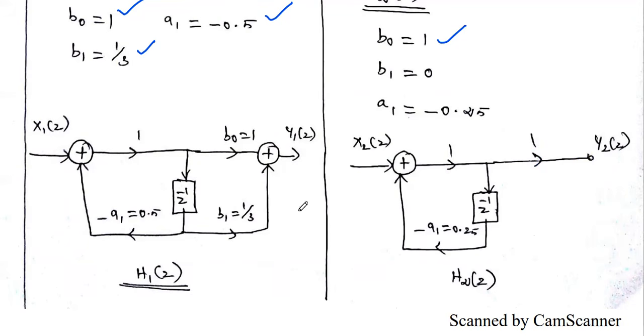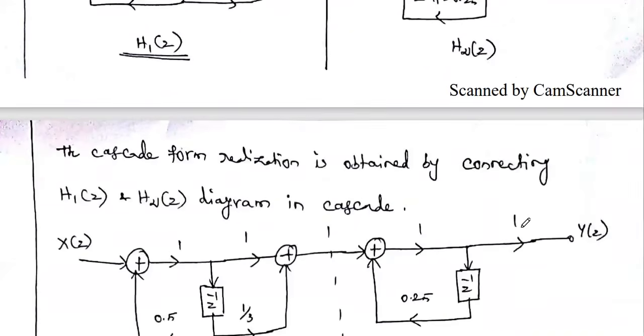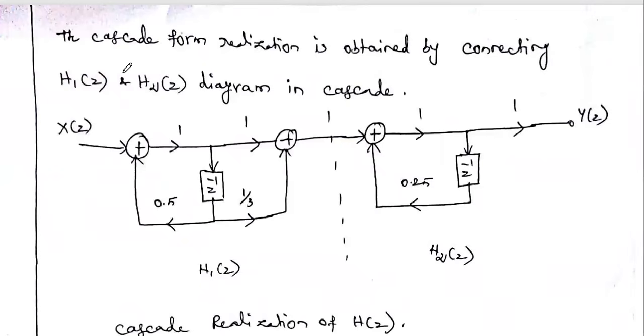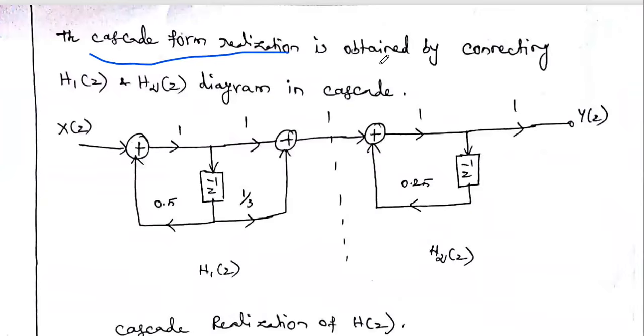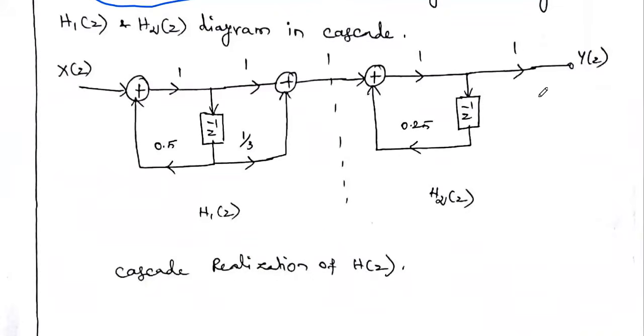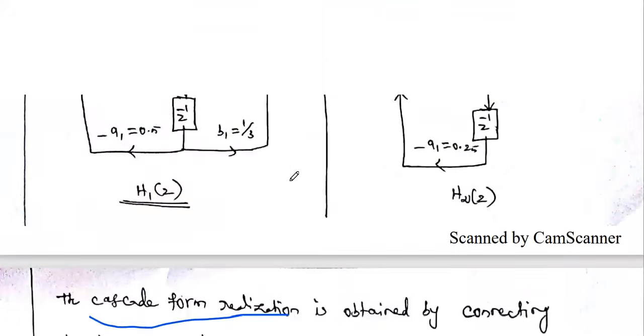So we individually realized the H1 of Z and H2 of Z. So what is the next step? The next step is finally the cascade form realization. In cascade form realization, the overall system is obtained by cascading the H1 of Z and H2 of Z. So first you draw our H1 of Z diagram.